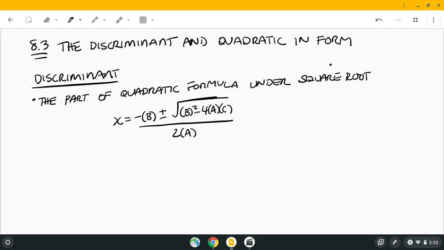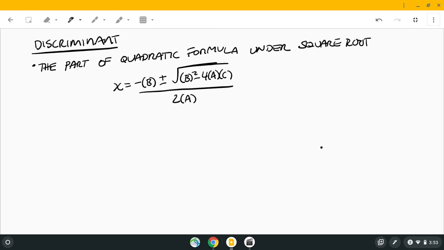So the discriminant is the part underneath the square root. It's this b squared minus 4ac part.